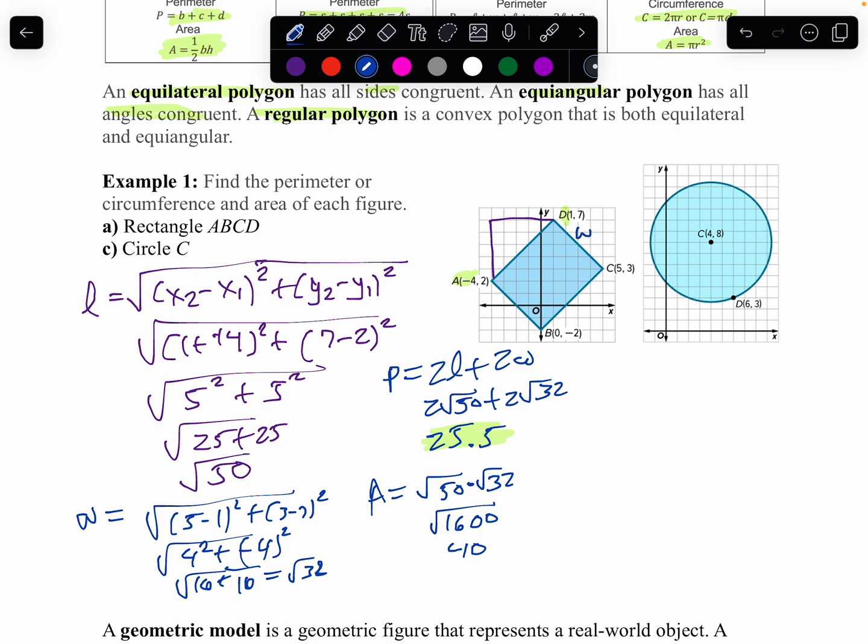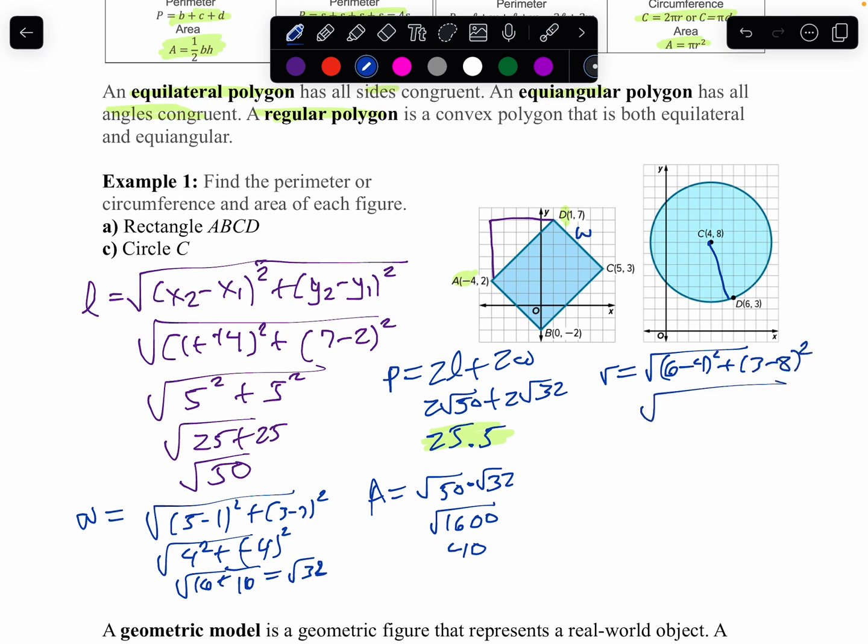Now let's turn around and let's do the circle. Both formulas use the radius. So we're going to find the radius. My radius is the distance between C and D. So it's just the distance formula, but we'll call it R. So I'm going to say 6 minus 4 squared plus 3 minus 8 squared.